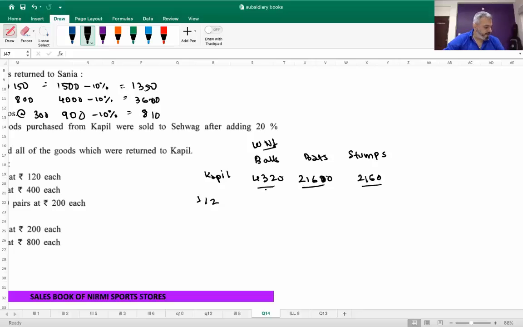So 4320 divided by 2 is 2160. 21600 is 10,800 and 1080. This is the cost plus profit.